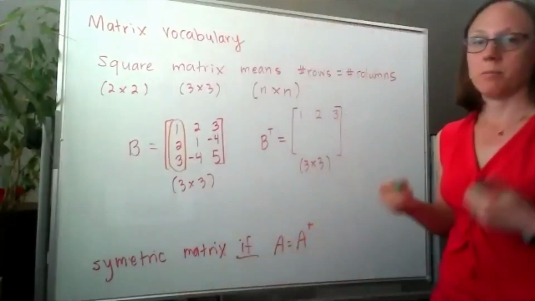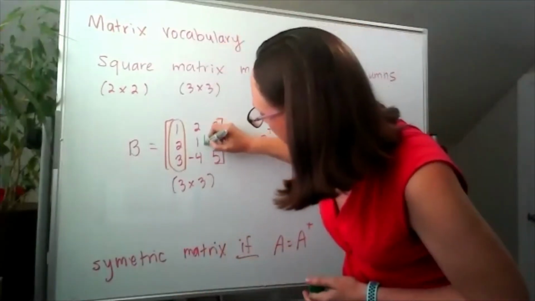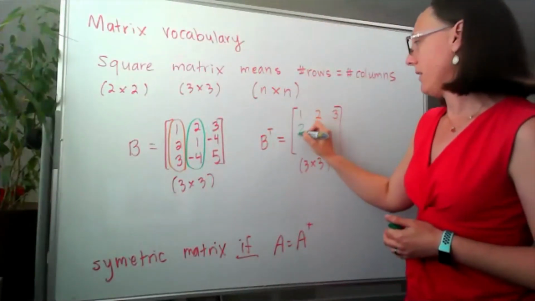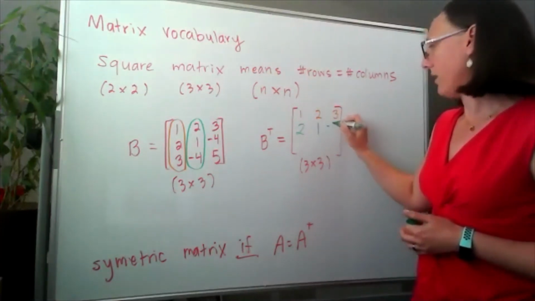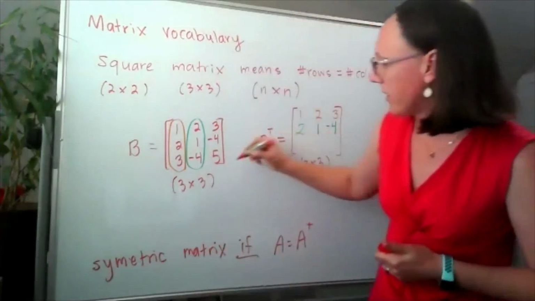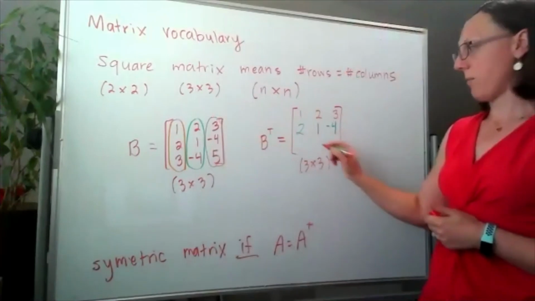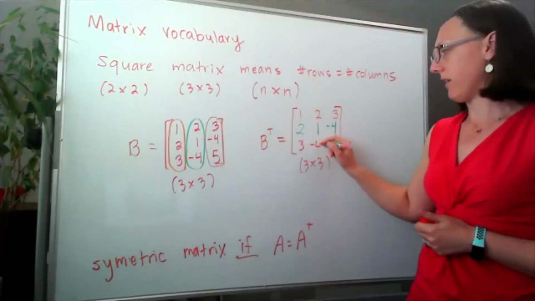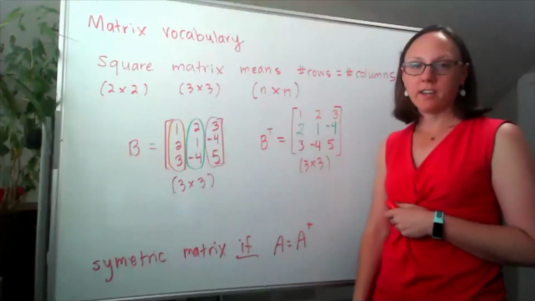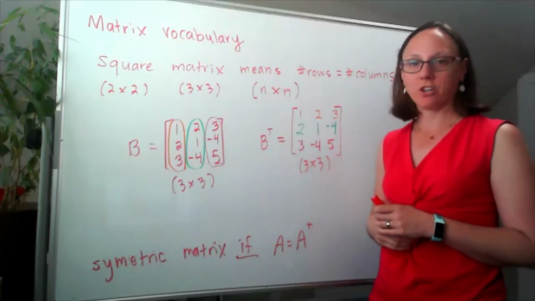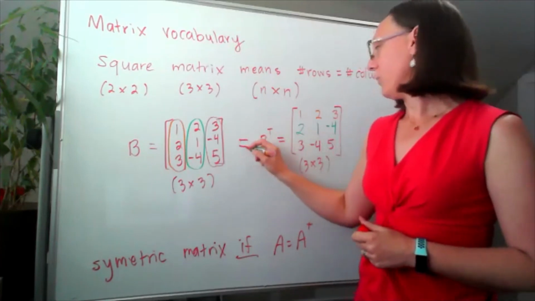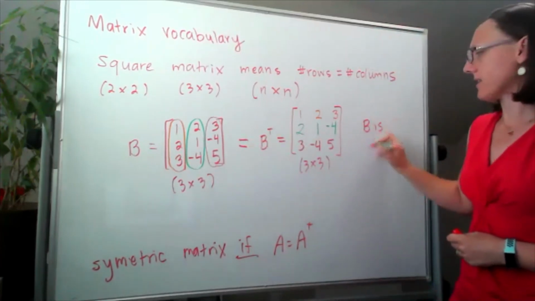Then I take my second column, and that will become my second row: 2, 1, -4. And my third column will become my third row: 3, -4, 5. Looking at these two matrices, because every single entry matches, these are equal, which means B is symmetric.